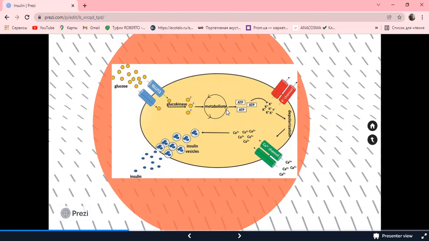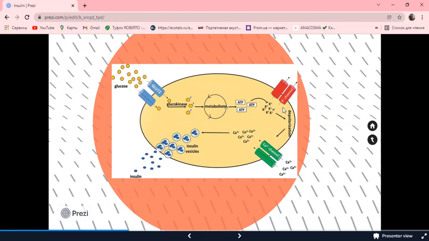Pyruvate is transformed into acetyl-CoA. After that, the TCA cycle and oxidative phosphorylation are stimulated, and the final result of this metabolism is an increased quantity of ATP.